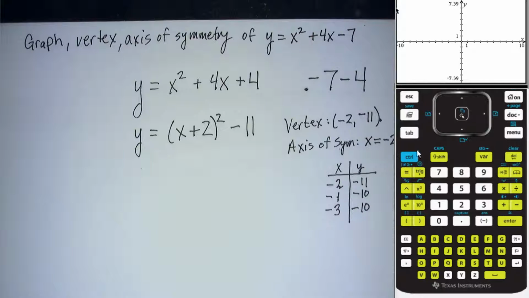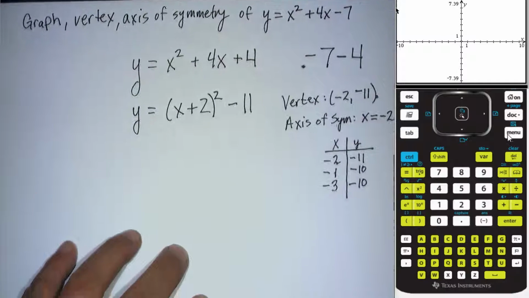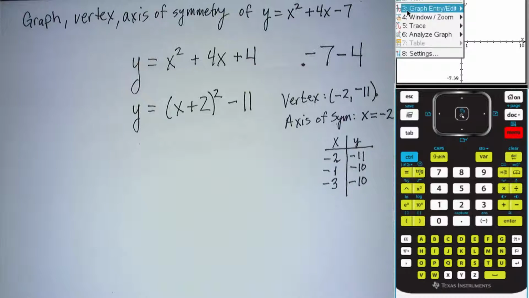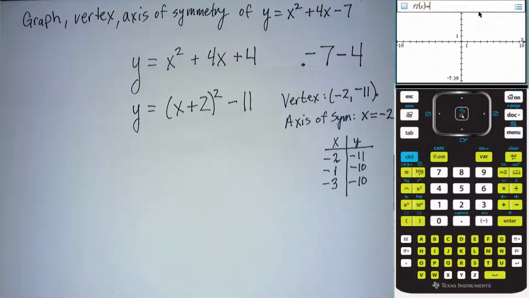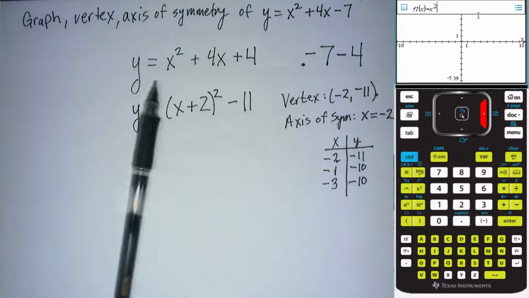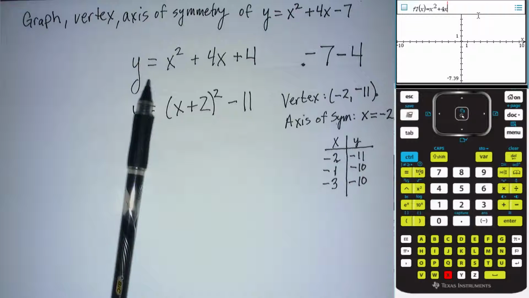So here's my graphing calculator, and I'm going to have to zoom out some because we're going to graph this function, and it was x squared plus 4x minus 7. You can see that this only goes down to about 1, 2, 3, 4, 5, 6, 7.